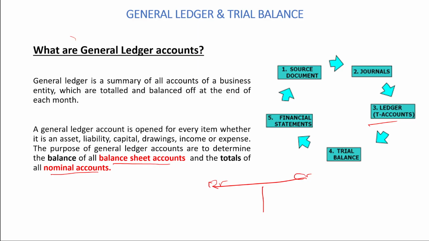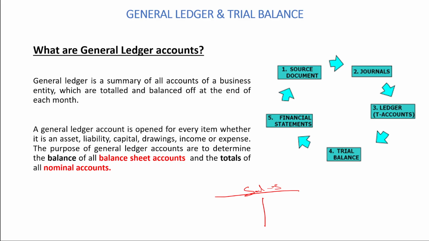For example, if we look at the bank account, there will be money that comes in, which will be recorded on the debit side, and money that goes out, which will be recorded on the credit side. At the end of the day, these have to be balanced to indicate how much money is left within the bank account.